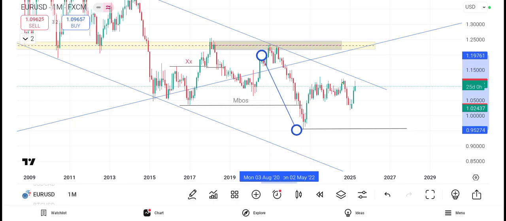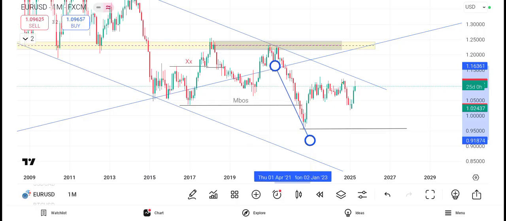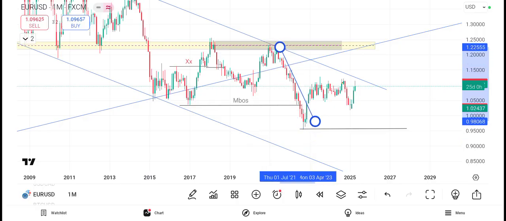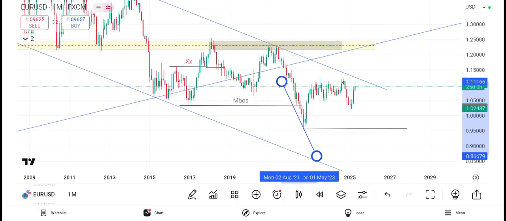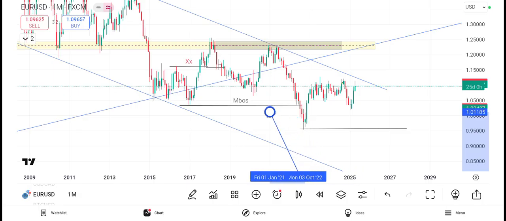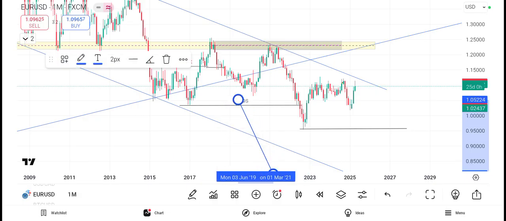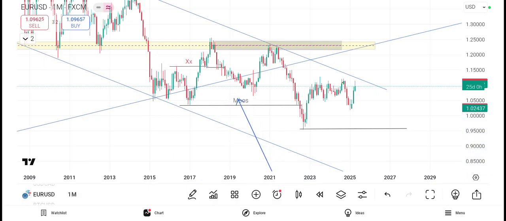Price formed a shoulder, head, and a shoulder again, and we have this sweet move down, making a break of structure.